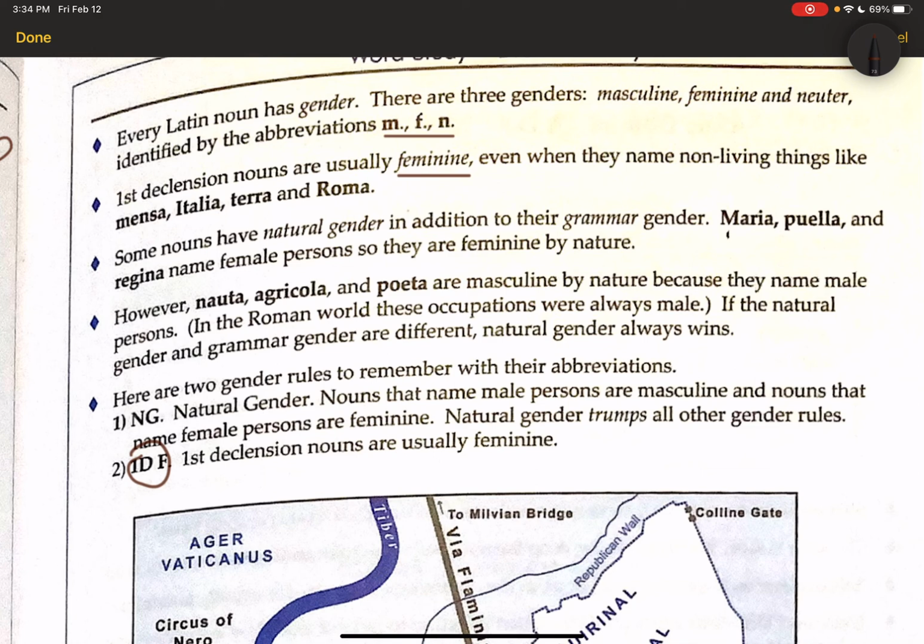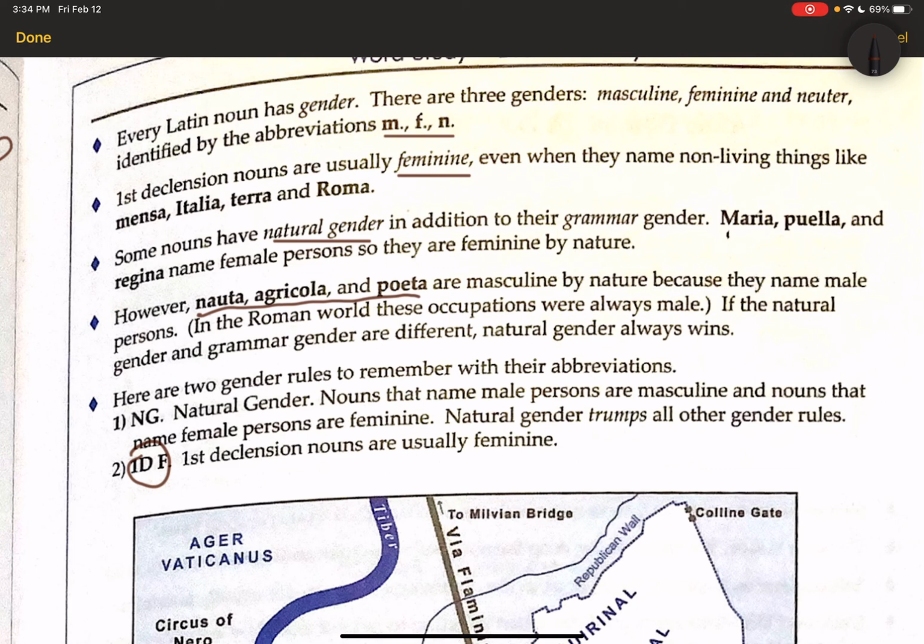The natural gender rule is something else that sort of trumps the declension. Looking at this note here, some nouns have natural gender in addition to their grammatical gender. Maria, puella, and regina name female persons, so they are feminine by nature. However, nauta, agricola, and poeta are masculine by nature because they name male persons.